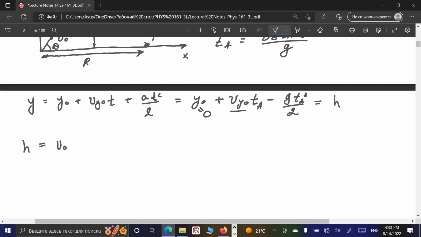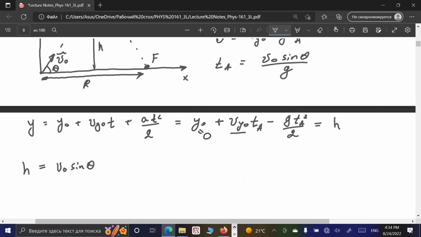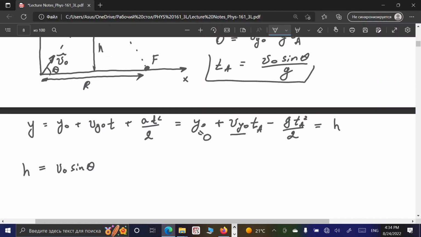v naught, the magnitude of the velocity vector, times sine theta times ta. What is ta? It is given here. So it will be v naught times sine theta divided by g.